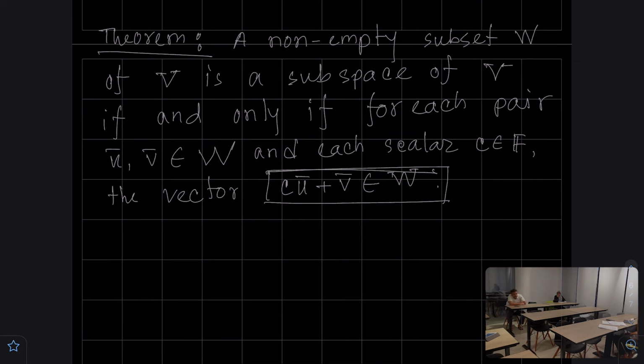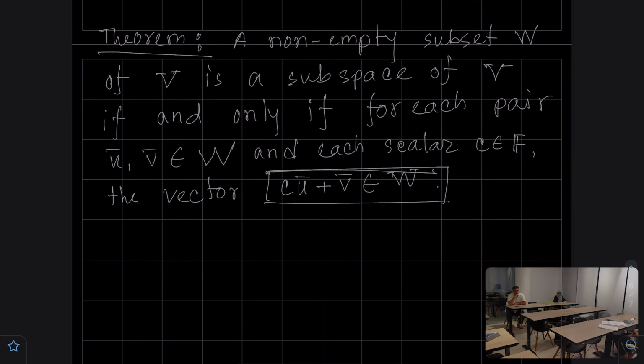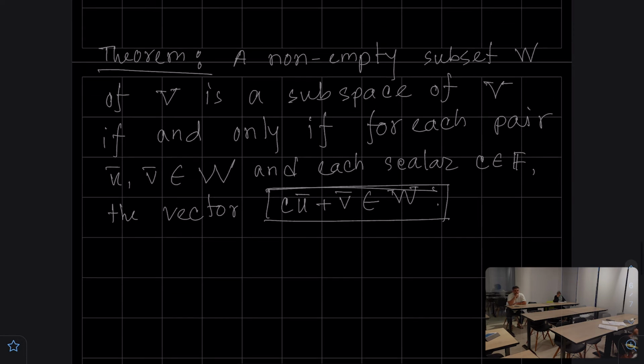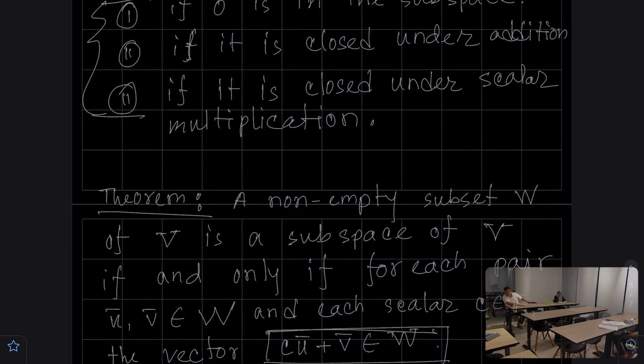Okay, so let me try to answer your question. For example, suppose you are looking at R2. R2 means the set of all ordered pairs where each entry belongs to R. In order to see it geometrically, this plane is R2. Suppose that's the origin, this is the y-axis, this is the x-axis, and any point on this plane.